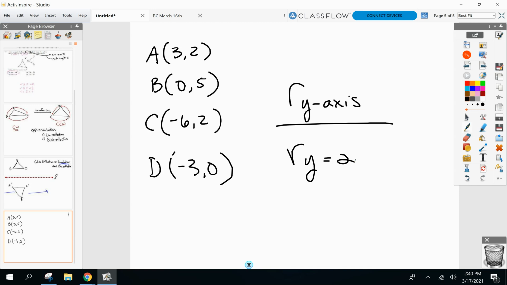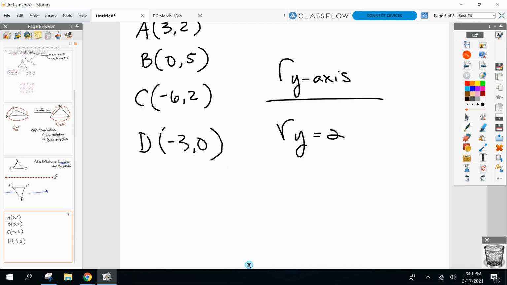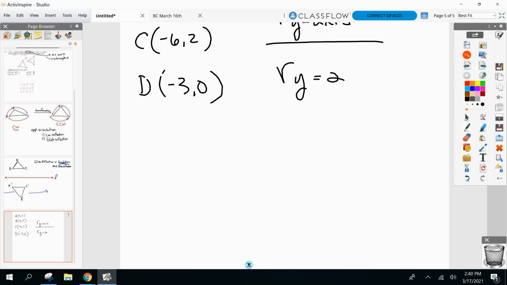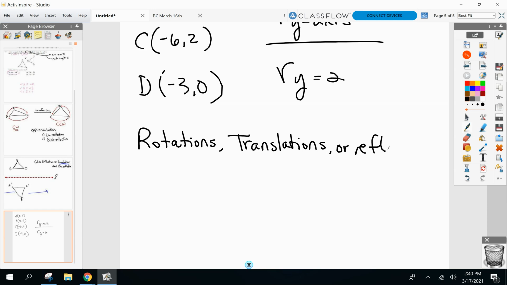Also, just remember, anytime you do any rigid motion, rotations, translations, or reflections, number 1, angle measure is preserved.